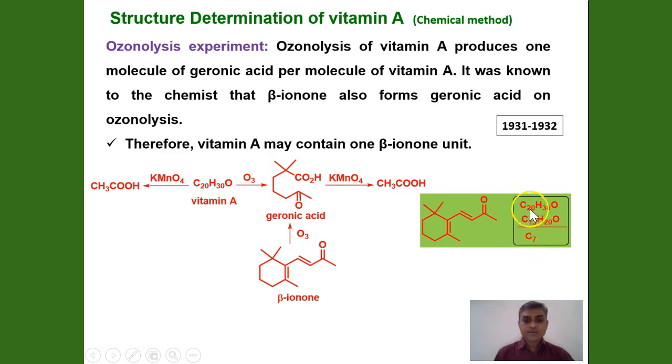So out of 20 carbon atoms in vitamin A, we have accounted for 13 carbon atoms, and in the remaining discussion we have to account for the 7 carbon atoms. The ozonolysis experiment has proved that vitamin A contains one beta-ionone unit. Beta-ionone contains one ring, and we have already proved that vitamin A contains one ring.